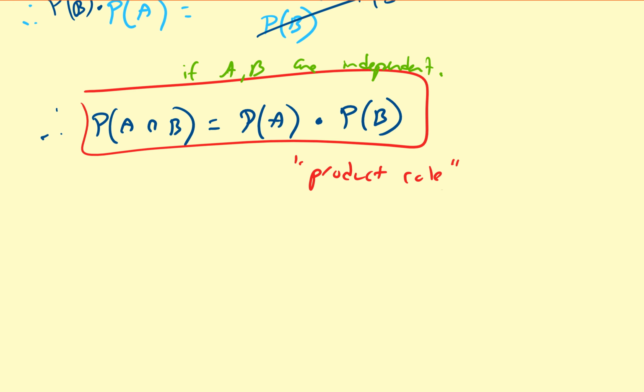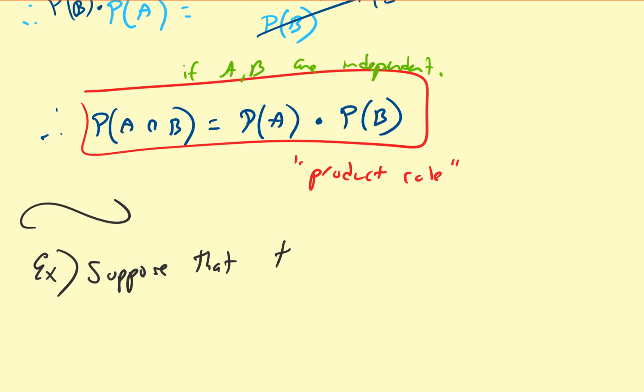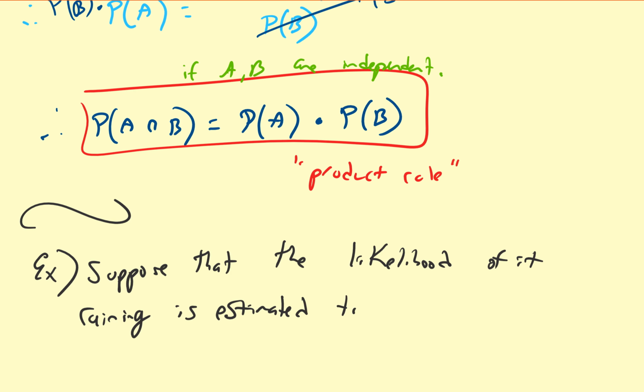So let us demonstrate with an example. Suppose that the likelihood of it raining is estimated to be, so the probability of R is equal to 7 over 15, approximately.